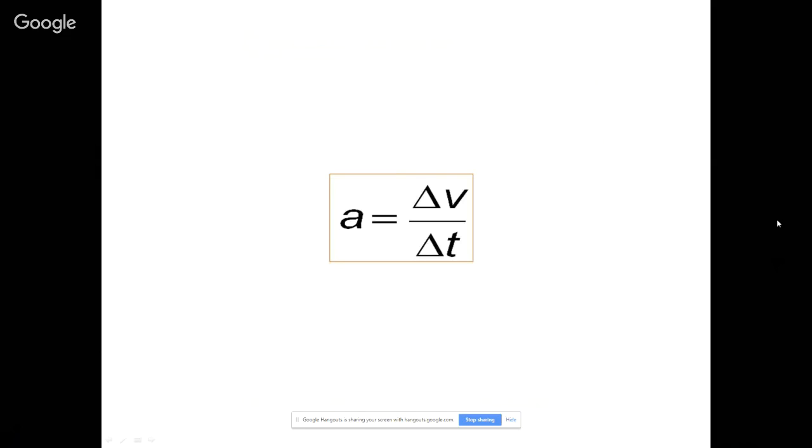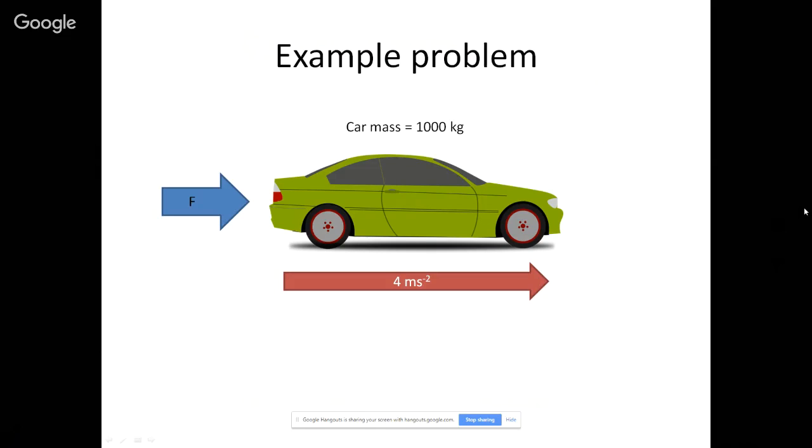An object's acceleration is the change in velocity over time. This can be thought of as a change in an object's motion. Using this equation, we can calculate the force required to move objects with a known mass.